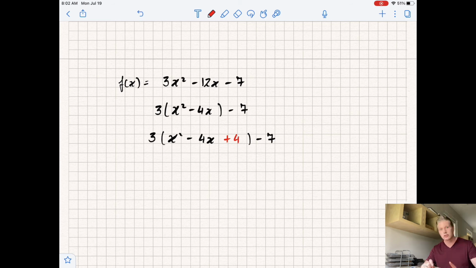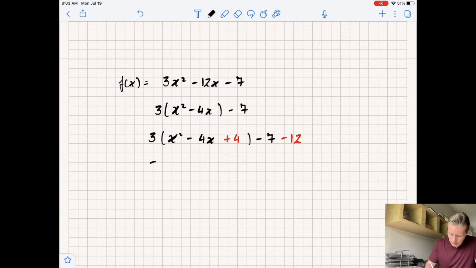By adding that plus 4, we've really added 12 to the function overall because of the 3 out in front. So we need to subtract 12, not subtract 4. We have essentially added 12 to the function overall, so we must subtract 12 from the end.